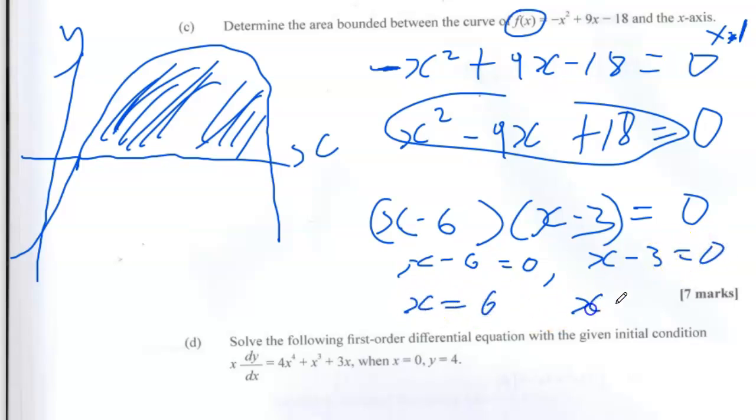So this function will cut the x-axis at 6 and at positive 3. We find those by equating the function to 0 and solving. So to find the area now, we're going to integrate the function between the limits 6 and 3. Alright, let's integrate now.